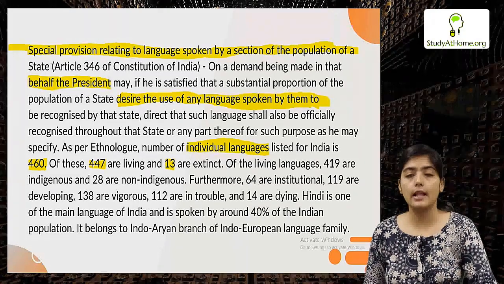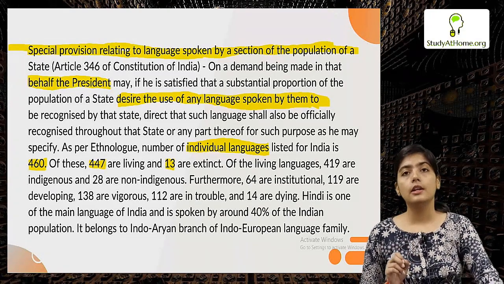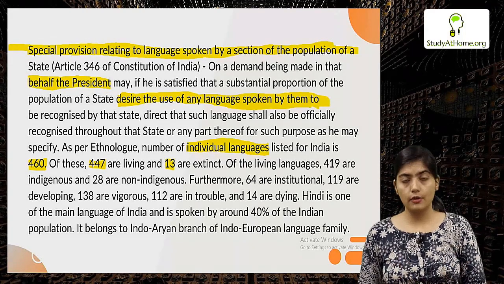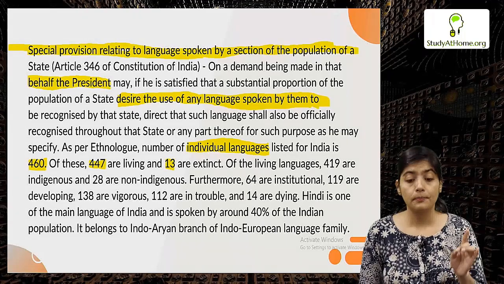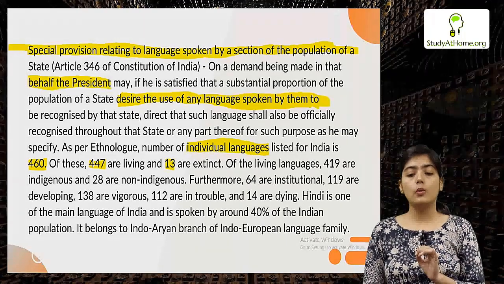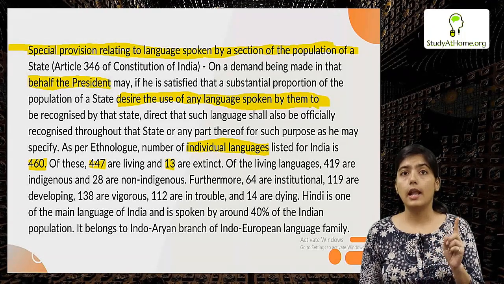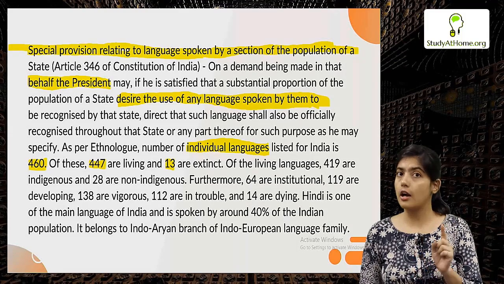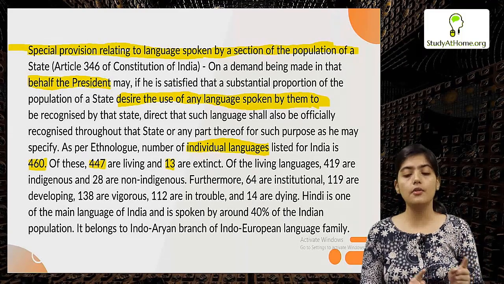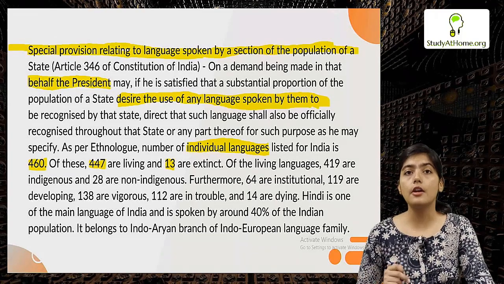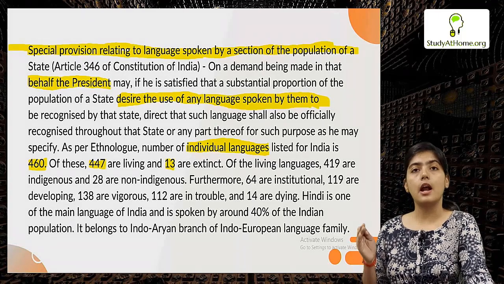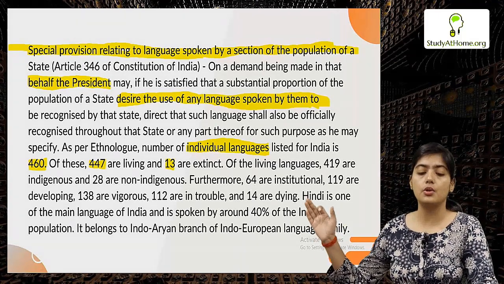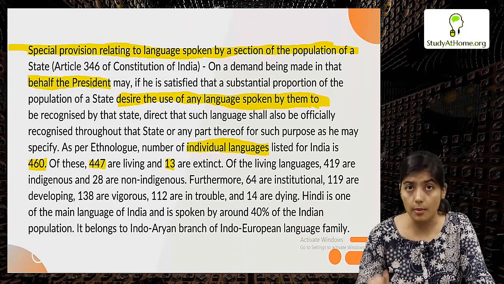Now here we can see that 419 languages are indigenous languages and 28 are non-indigenous languages. Further, if we talk about institutional languages, 64 languages are institutional languages and 119 languages are developing languages. 138 languages are vigorous and 112 languages are in trouble.